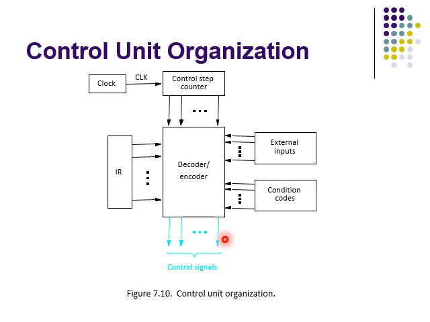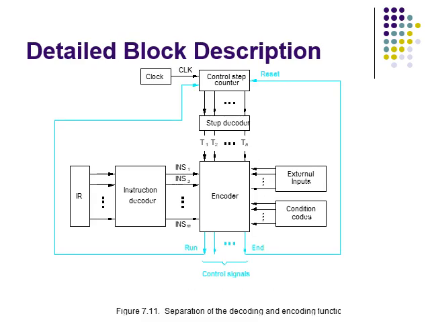To gain insight into the structure of the control unit, we start with a simplified view of the hardware involved. The decoder and encoder block is a combinational circuit that generates the required control outputs depending on the state of all its inputs. By separating the decoding and encoding functions, we obtain a more detailed block diagram, which gives clear insight.